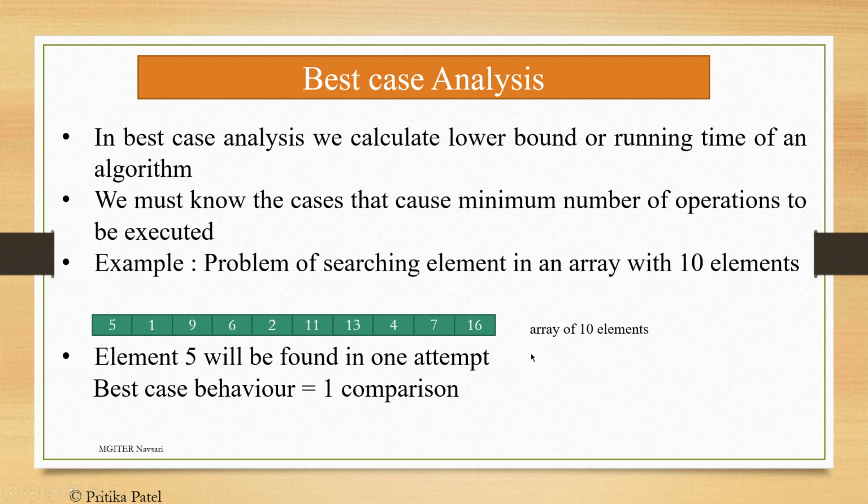From this, if we want to find element 5, then it will be found in the first attempt, because it is located at the first position. So the behavior of best case is one comparison.